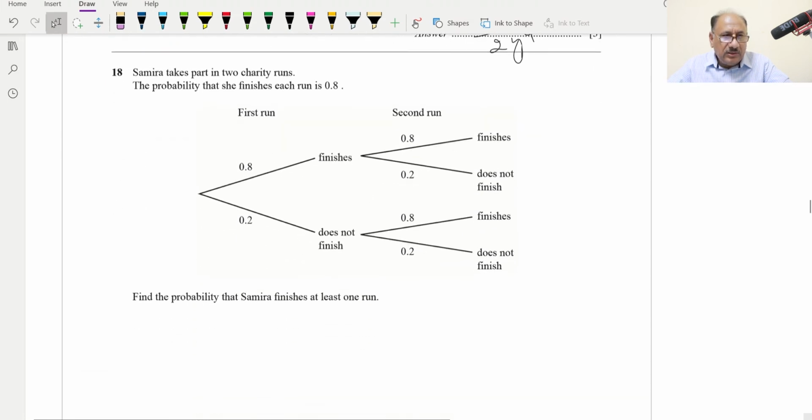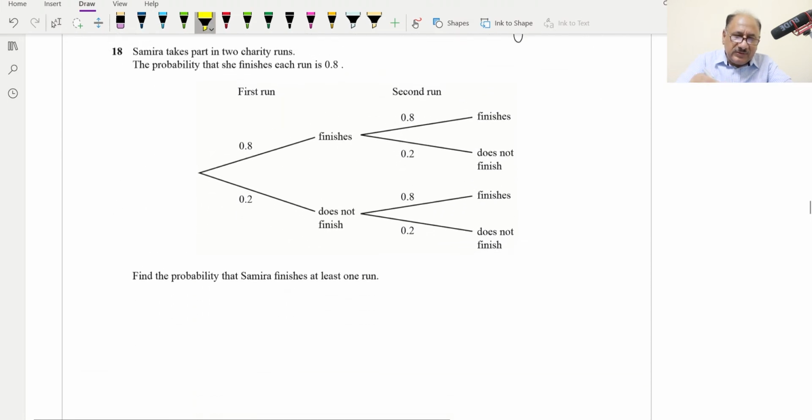Question number 18. Question number 18 says Samira takes part in 2 charity runs. The probability that she finishes each run is 0.8. Find the probability that Samira finishes at least 1 run. So finishing at least 1 run means she finishes one or more.